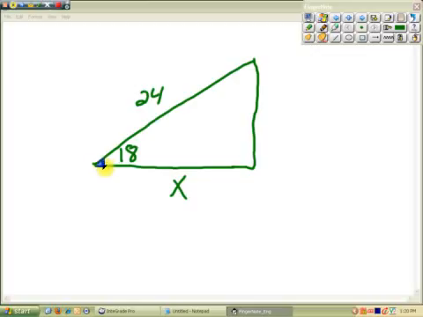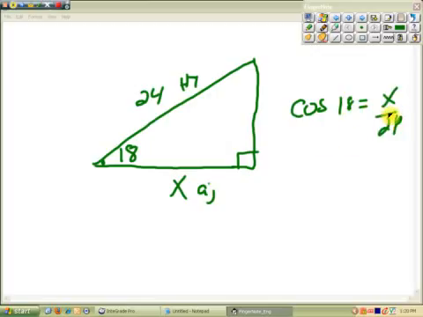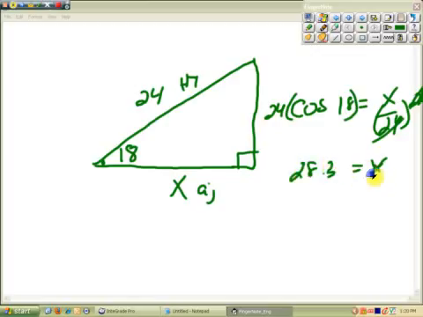We have 18 here, we're looking from this corner. 24 is our hypotenuse. X is adjacent, so we're going to use cosine of 18 equals x over 24, and then you multiply both sides by 24, and that'll be your answer. And that answer will be 28.3 feet.